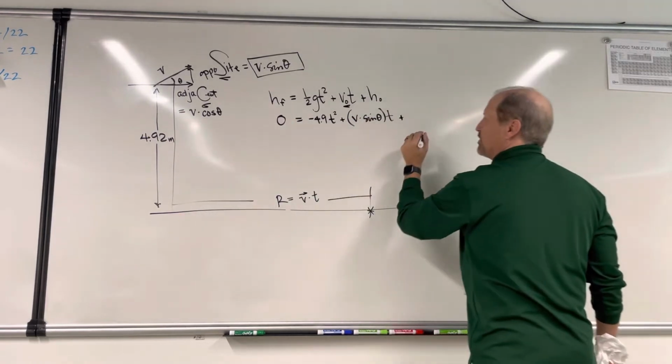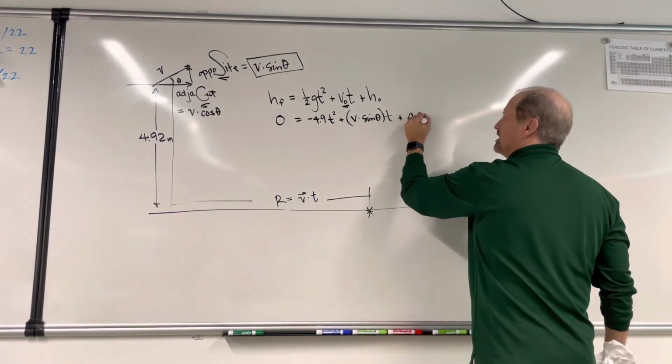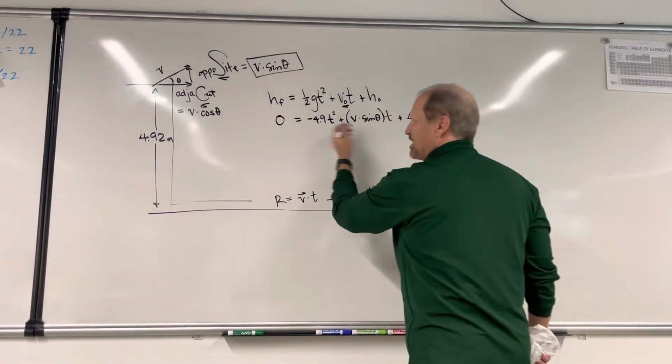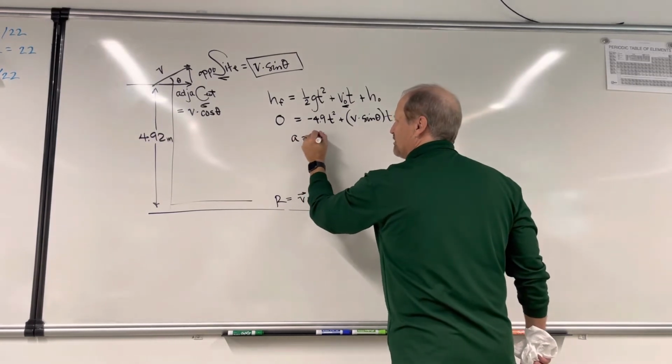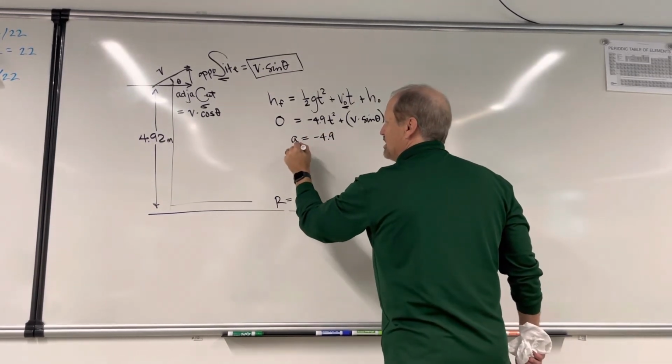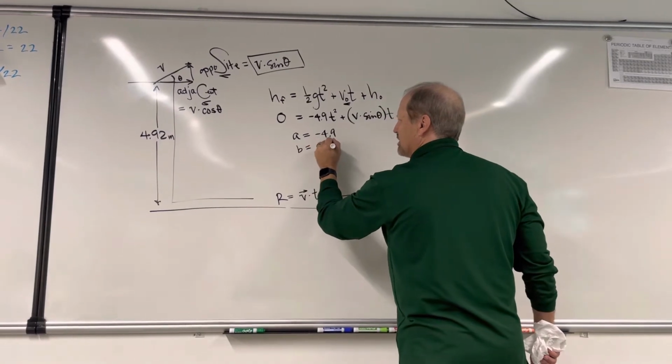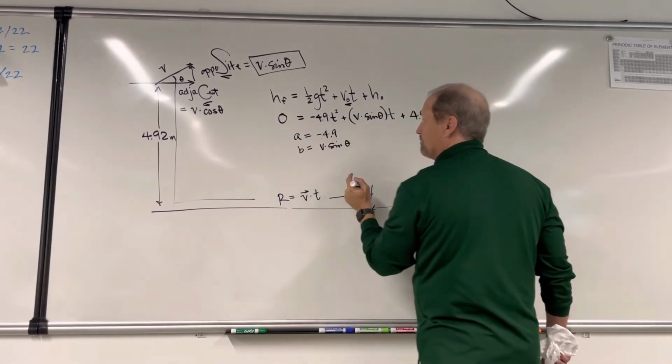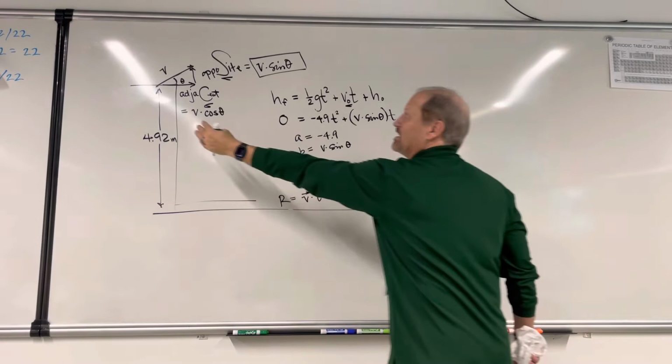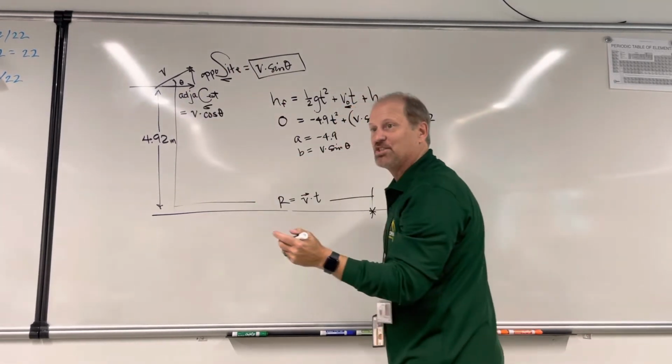And our height initial is 4.92. So in the quadratic, a equals negative 4.9. b equals v times sine theta. v is the exit velocity of the projectile launcher.